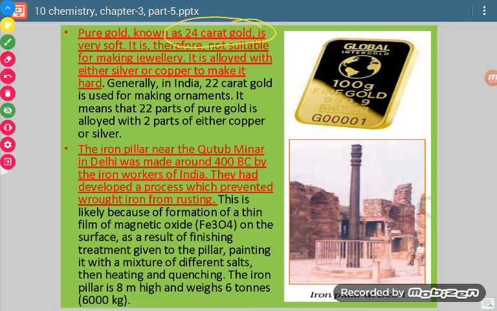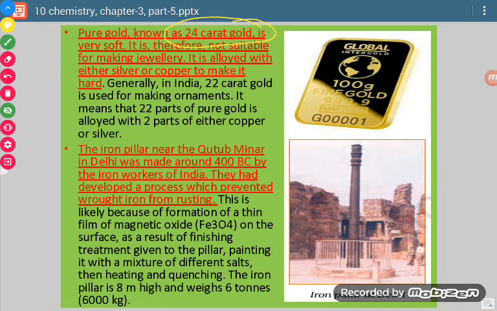But gold is a soft metal, so we cannot use it as 100% pure. Why? Because if we keep it in the sun, then its shape will slowly start changing because of its melting. So what we have to do is mix it with other substances so that it becomes hard and its melting point also increases.